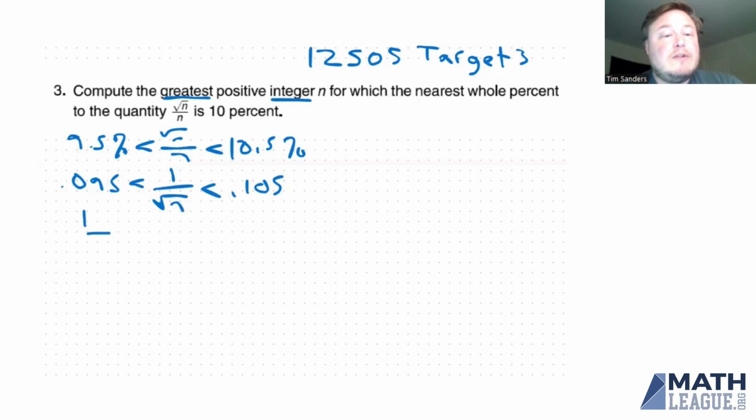All right, next up, I'm going to take the reciprocal of each of these three parts. So we're going to get 1 divided by 0.095 is less than the square root of n. Now, did you see my mistake there? When we take the reciprocals, because they're both positive numbers, I can't say that it's less than the square root of n anymore. I have to say it's greater than the square root of n.